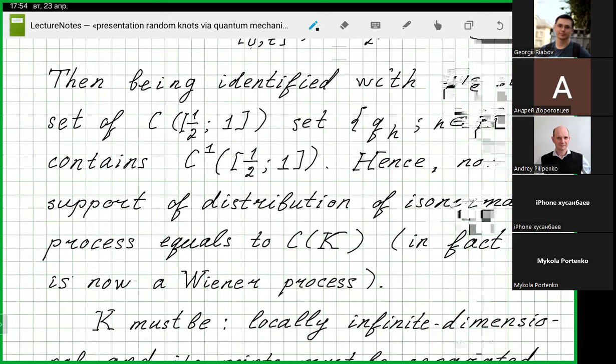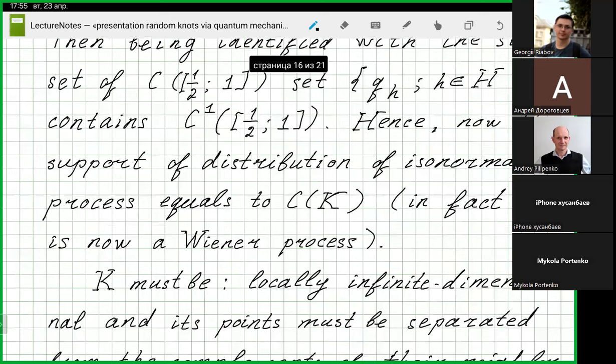What can we learn from these two examples? The compact K must be infinite-dimensional, even locally, because if we consider C_K, this is a good metric space, so one can construct a continuous function for any ball in K. So for any neighborhood we must have infinite dimensions.